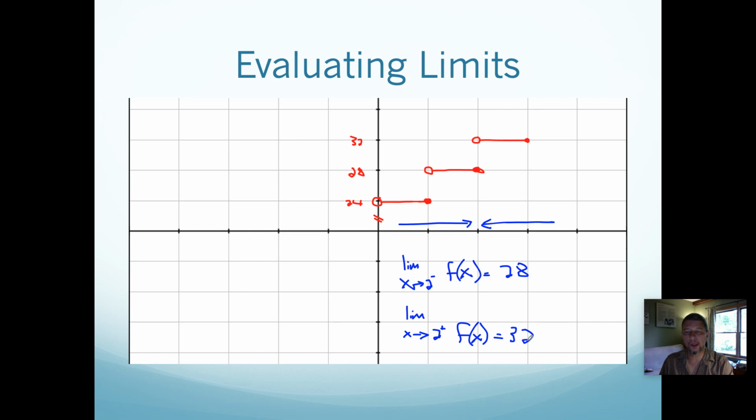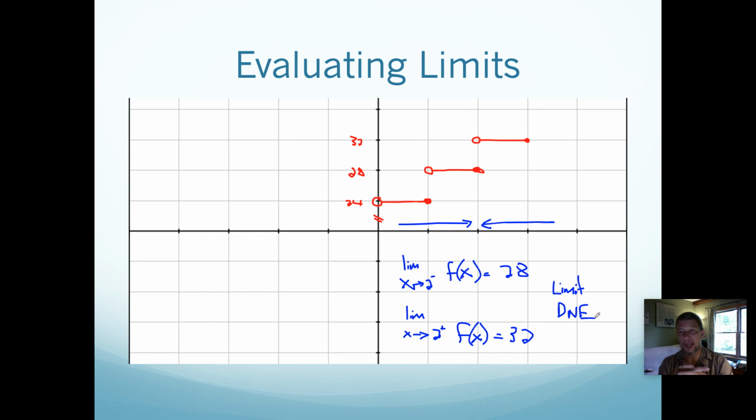Because these two limits are different, the actual limit does not exist. And you can abbreviate that as DNE for does not exist. So that is that.